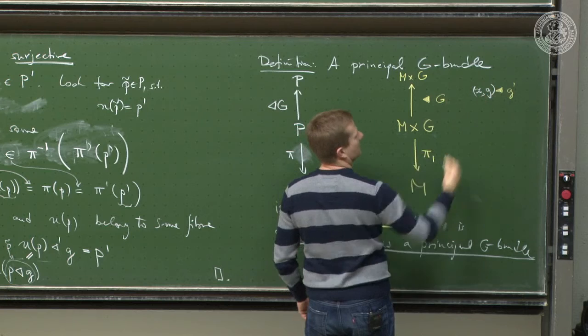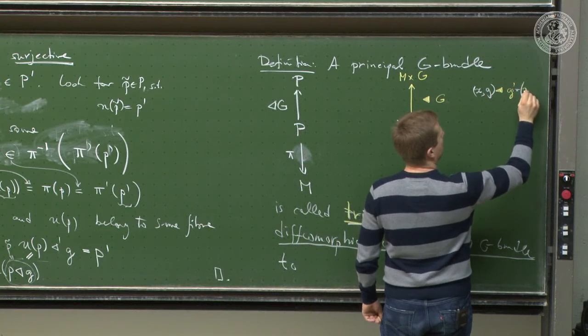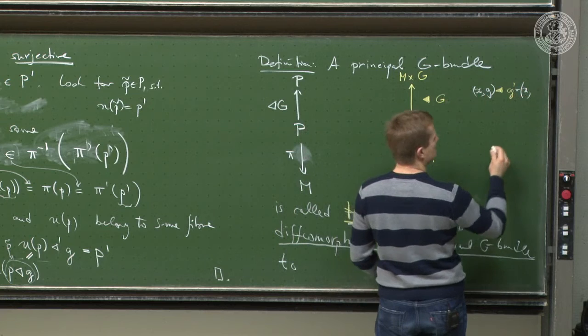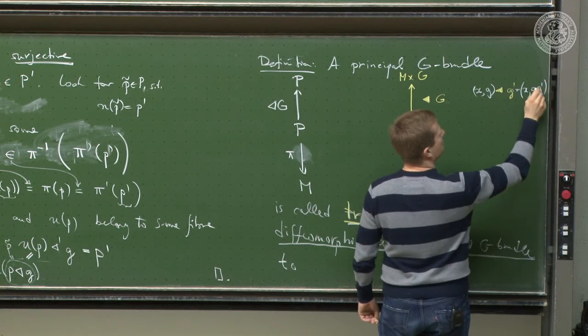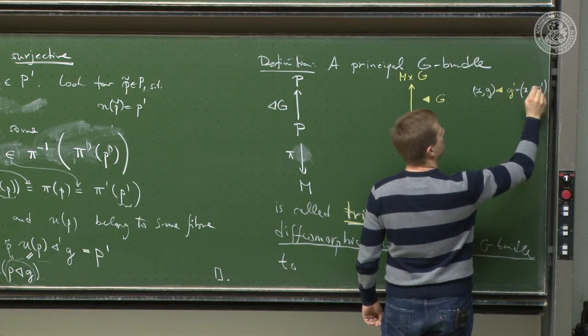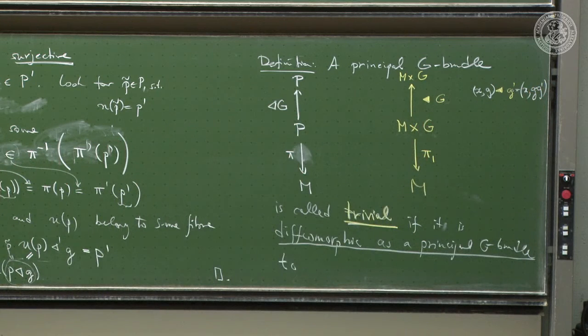Well, I have several g's here, and this is to be defined as (x, g g prime). The x remains untouched, and you act also here from the right by g prime in the group. It's very trivial how you act on this, right?